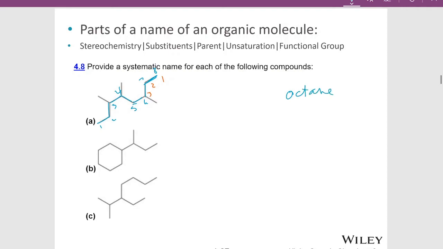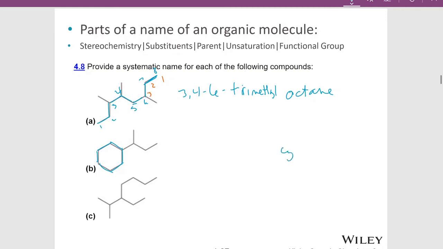Following the blue path, we have 3 methyl substituents at carbons 3, 4, and 6. So we have 3,4,6-trimethyloctane.